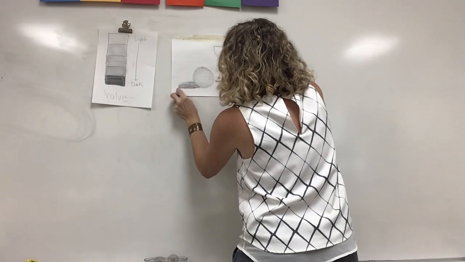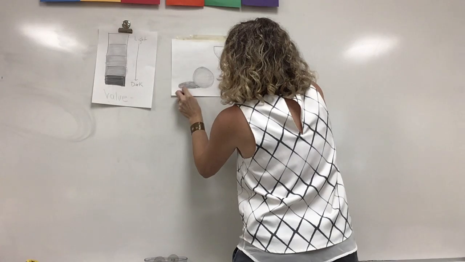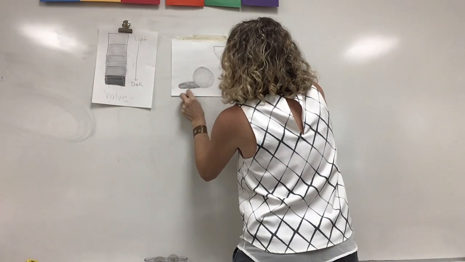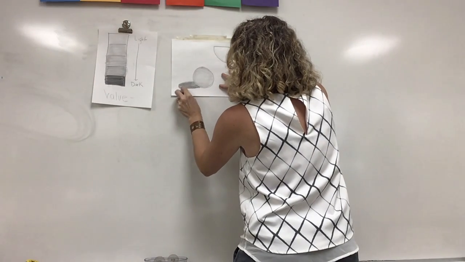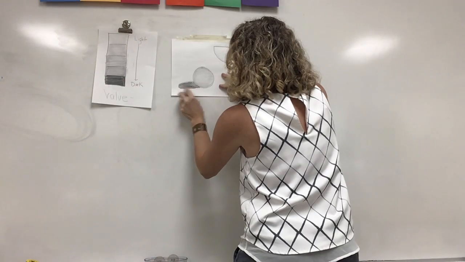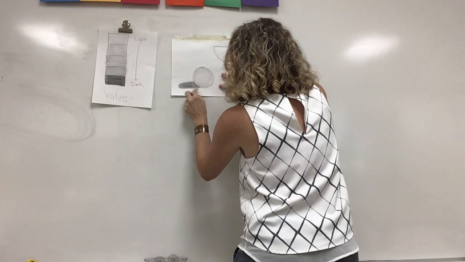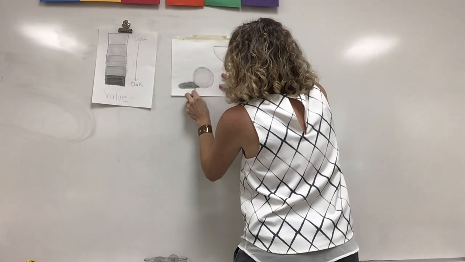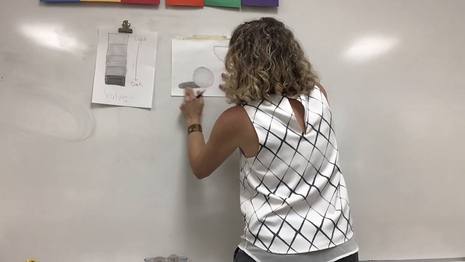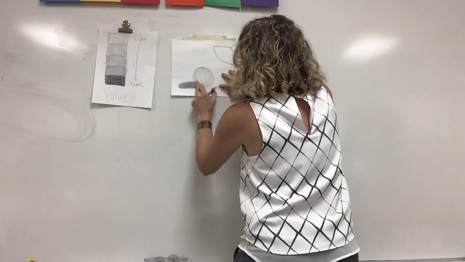There's a lot of good examples in your slide, so check them out. And I can press harder when I want it to be darker. And again, I can use my finger to help blend.